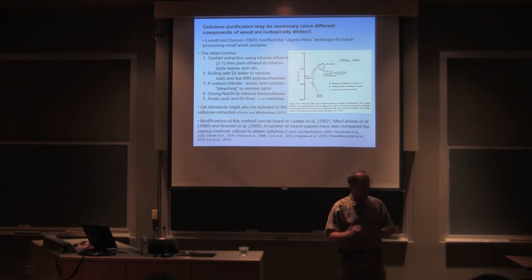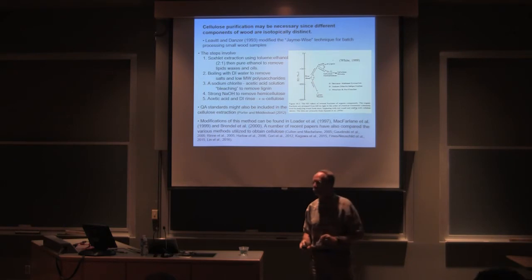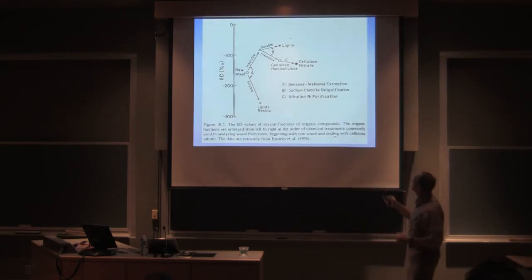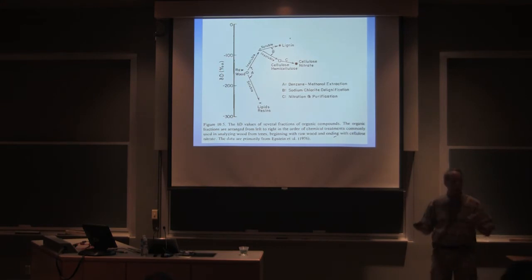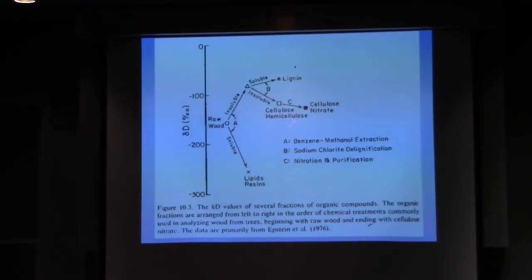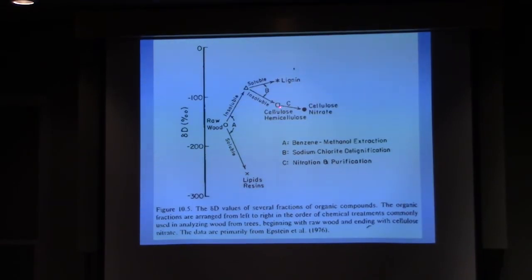What I really want you to get out of this particular slide is one thing. Why do we extract cellulose? What is the purpose and why? I'm going to blow up this thing because it's kind of small. This is deuterium content in raw wood, lipids and resins, cellulose, hemicellulose, and lignin. The first thing you should note is they're different, right?